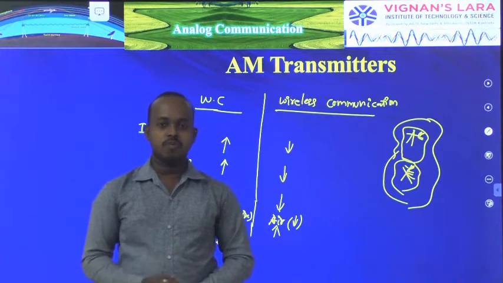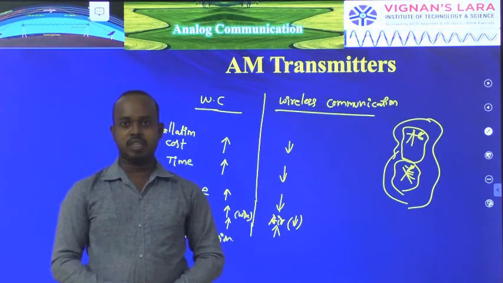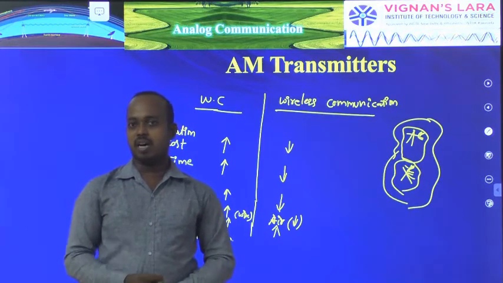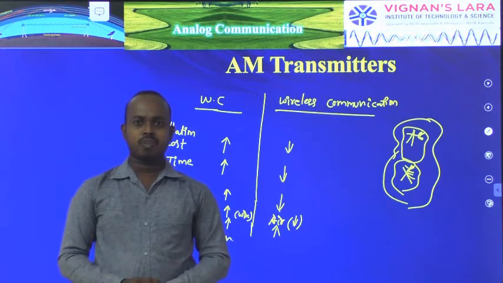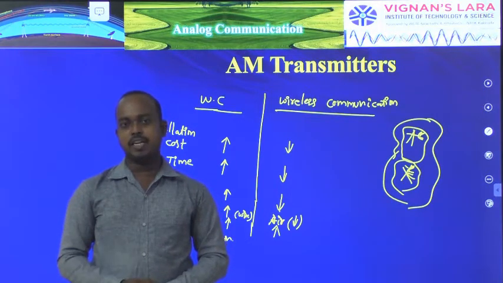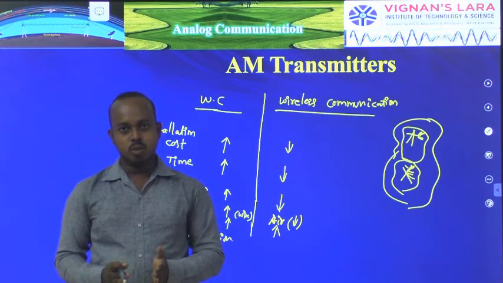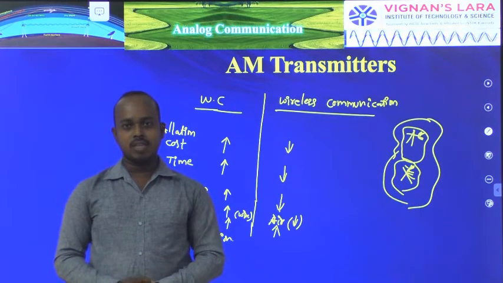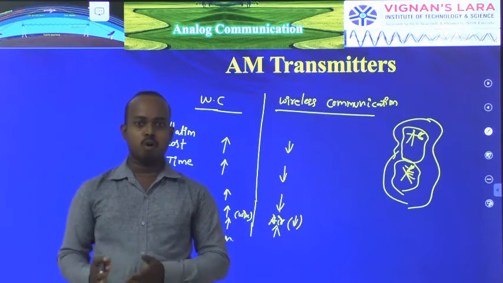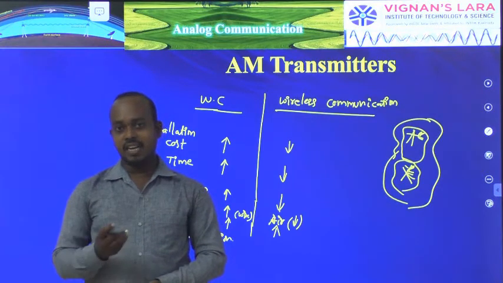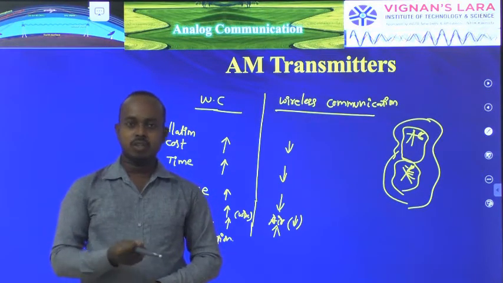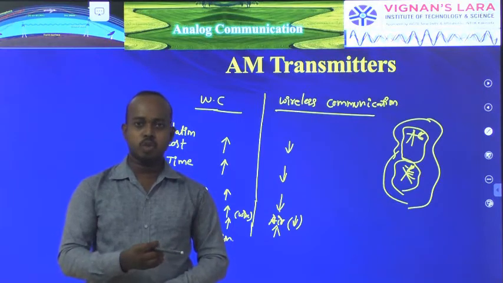You can see that in defense sectors, either military, army, or airport authorities, they mainly use wireless communication systems. Why? Because certain frequency ranges are blocked, but they are sending confidential information from one place to another.